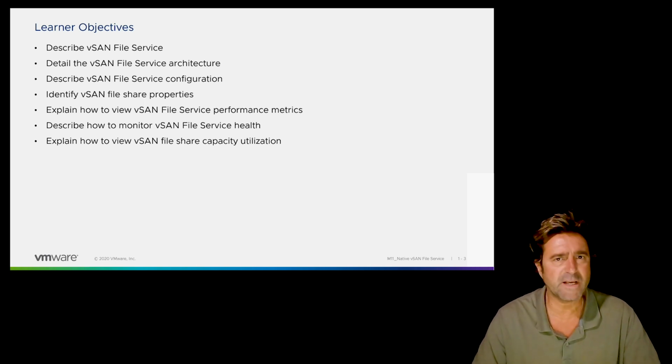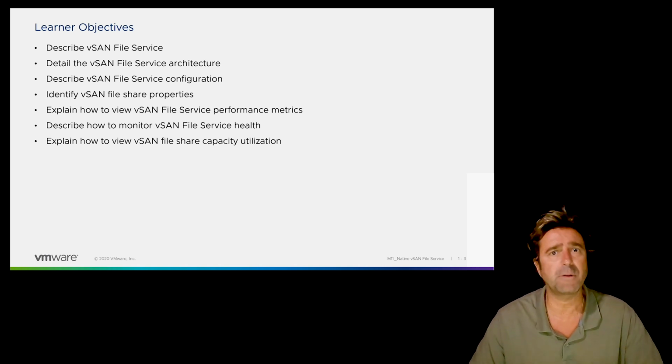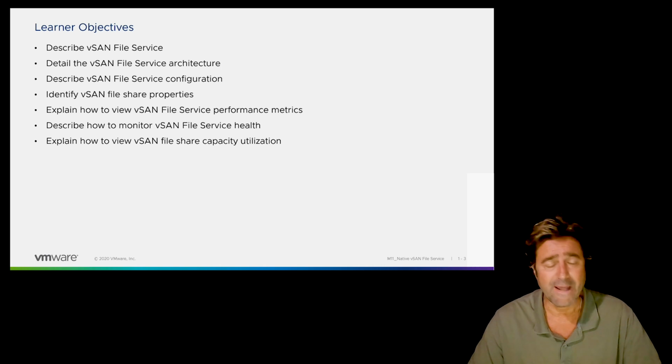Now here we have the goals of Module 11. And once again, over the next few minutes, I want to talk about this particular feature. I want to talk about how it was introduced in 7.0, how it was enhanced in 7.0 Update 1, and I'm going to do two demos. In those demos, first, I'm going to show you how to configure the appliances. Now, the appliances will take a while to configure.